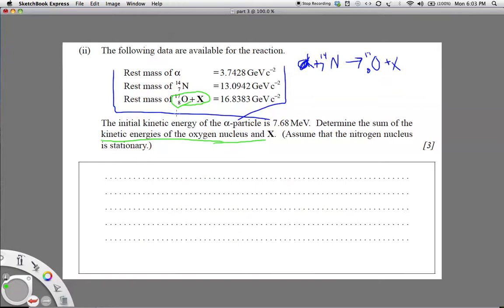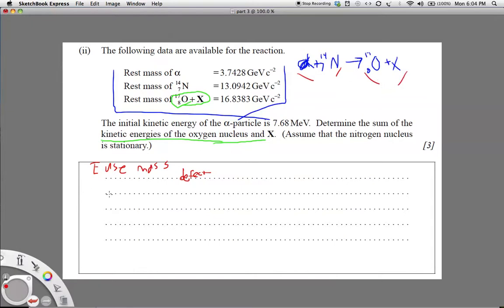Solving this, I'm going to use the mass defect. So I add up the masses over here, and I add up the masses over here.